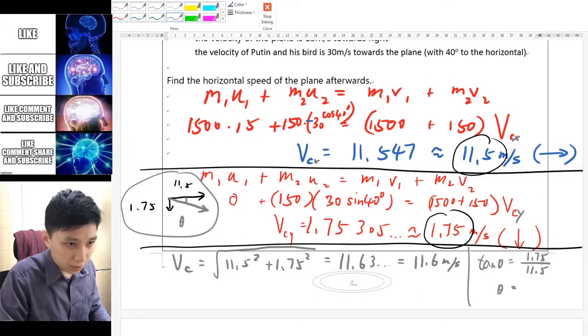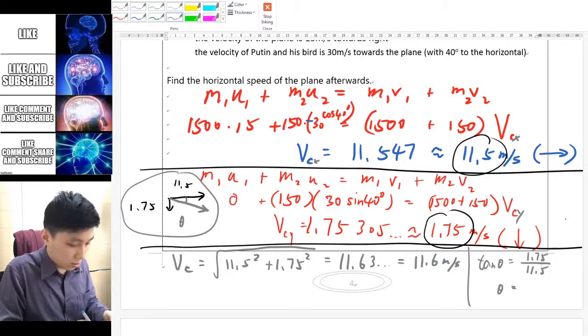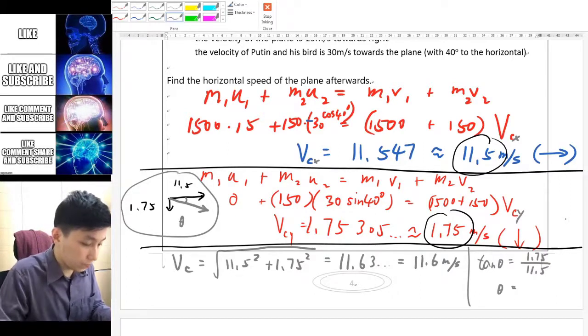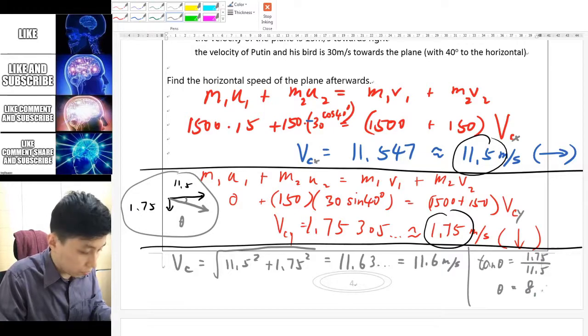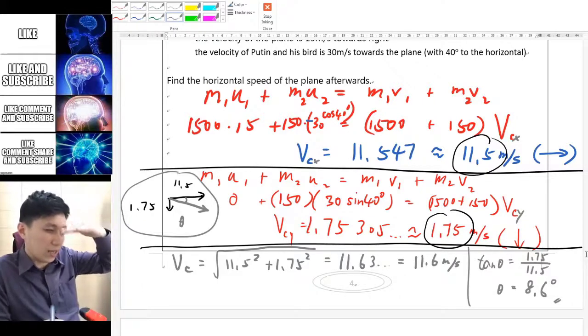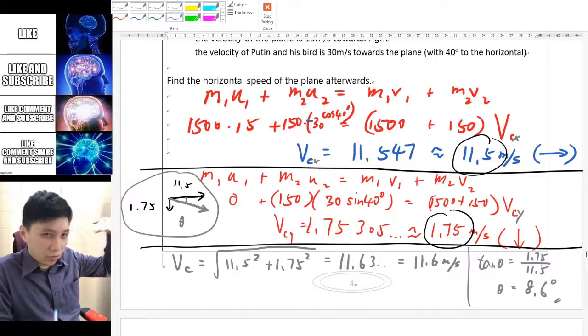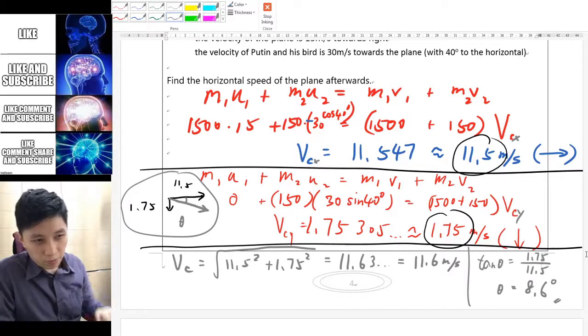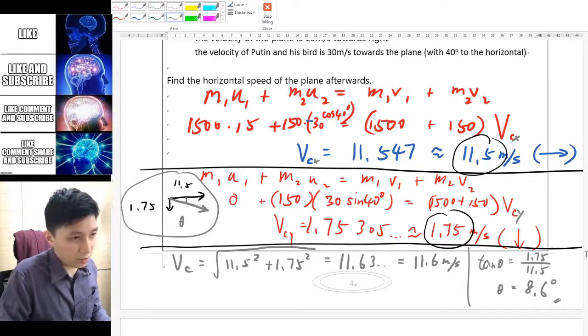So again, using your calculator, you can find the answer. So arc tangent here will give you about 8.6 degrees. So almost going horizontal, but just slightly down, to the downward direction, 8.6 degrees.